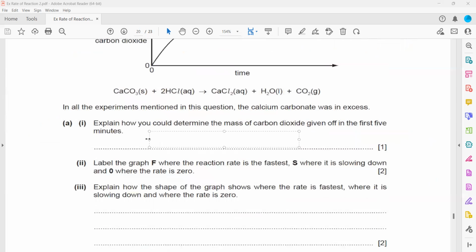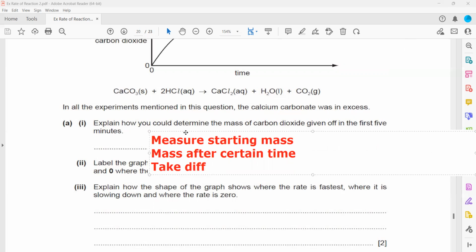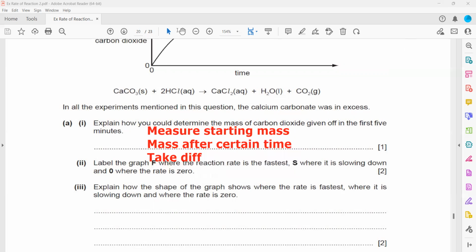We'll measure the initial mass, then the mass after a certain time interval, and then take a difference to know what mass of carbon dioxide gas is given off.